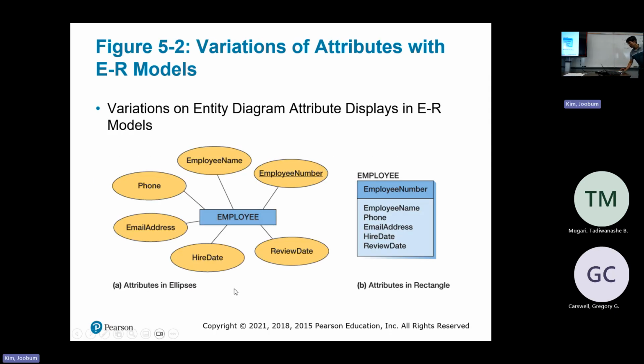In the original ER diagram, this is the entity, for example employee, with attributes in ellipses.